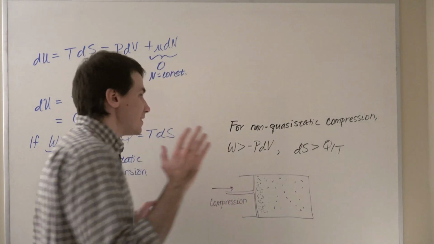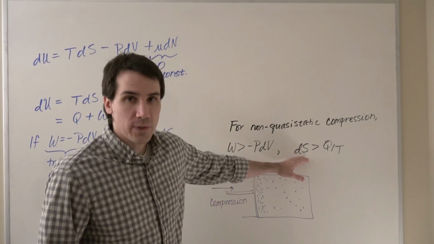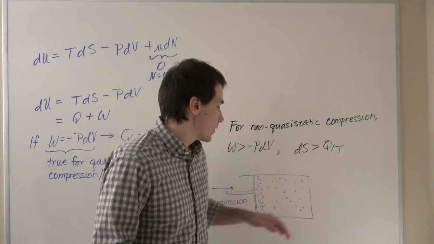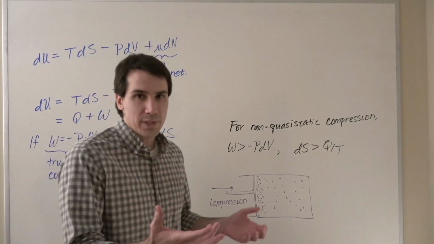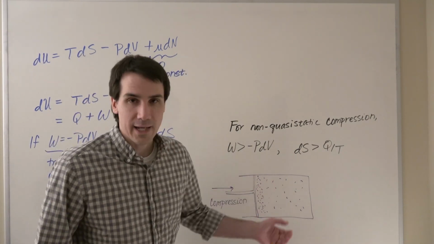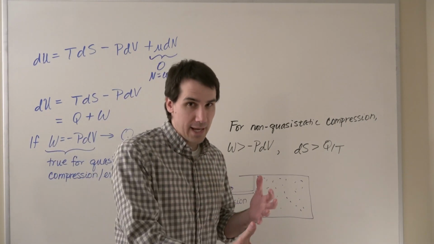Now, for a non-quasi-static process, it turns out that the entropy created is always greater than the value of Q over T. So here is a simple example of how this works. Say, for example, you are compressing an ideal gas and you do it very, very quickly, not quasi-static.